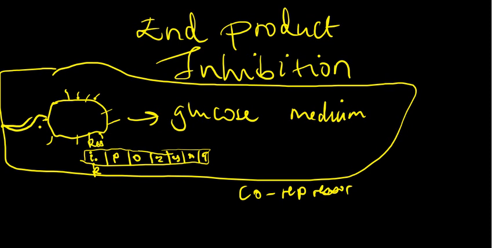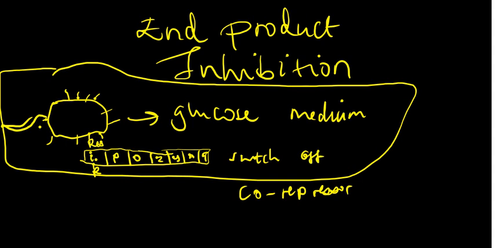If you're colleagues, it means there's a connection between two things. So glucose is a co-repressor because when it binds to the repressor molecule, it helps to switch off the Lac Operon. So the Lac Operon gets switched off.